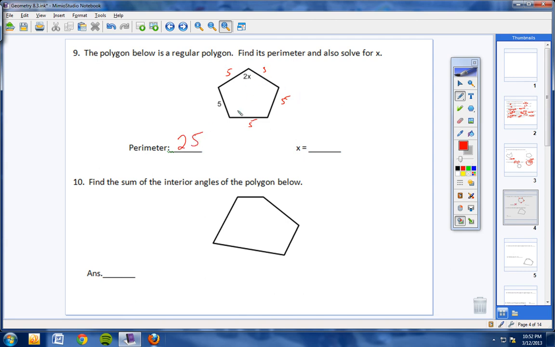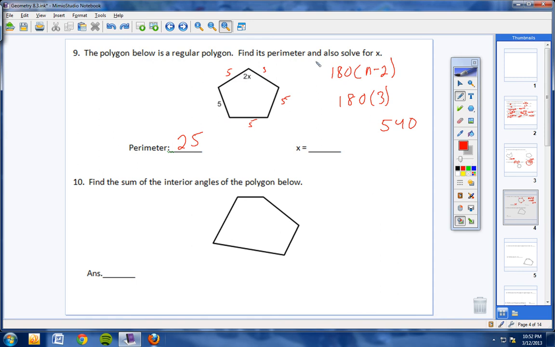Now, how many sides do we have? Well, we have 5 sides. So I can find all of these angles on the inside added together by using this formula, 180 times (n minus 2). Of course, 5 minus 2 is 3, so 180 times 3, which is 540. So all 5 of these angles, when you add them together, will equal 540.